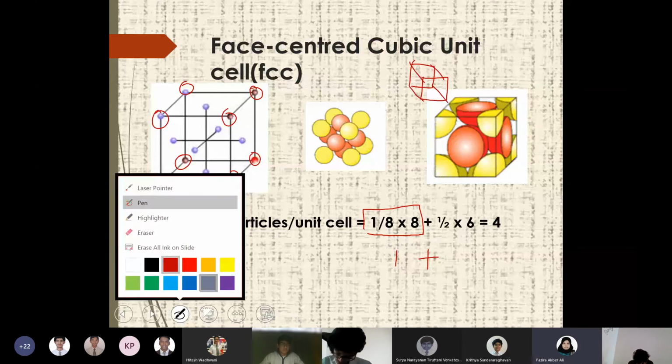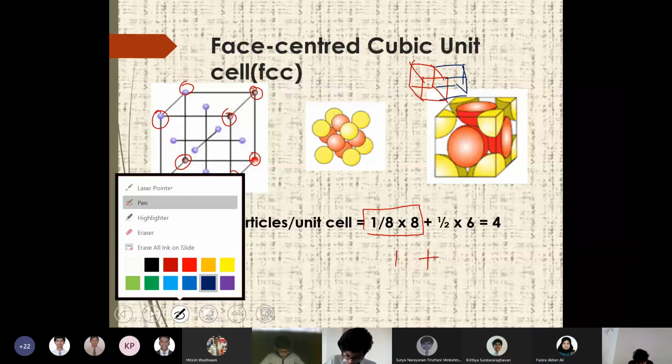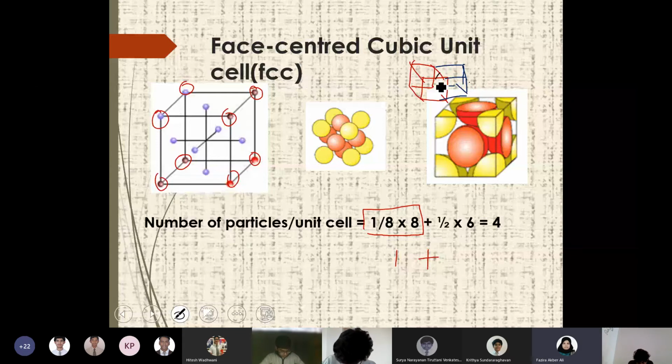I'll use another color to show the difference. When you are connecting it in a space lattice or crystal lattice, this is one of the faces, right?